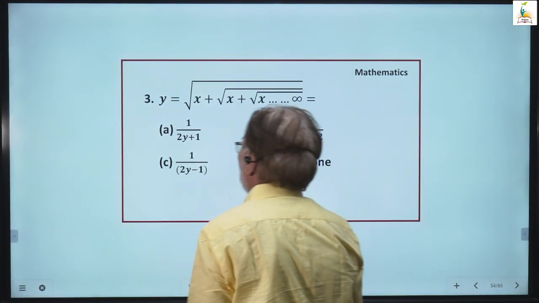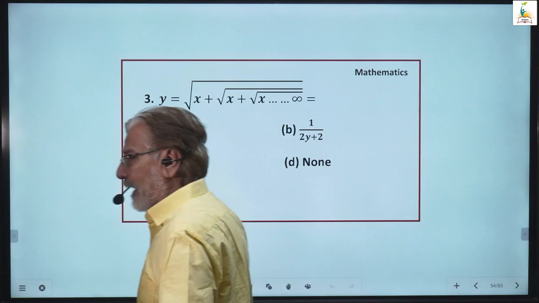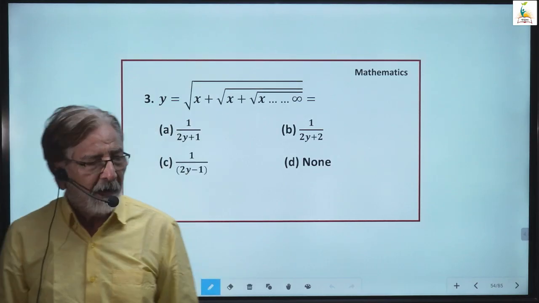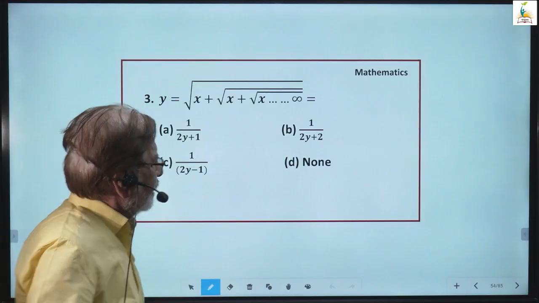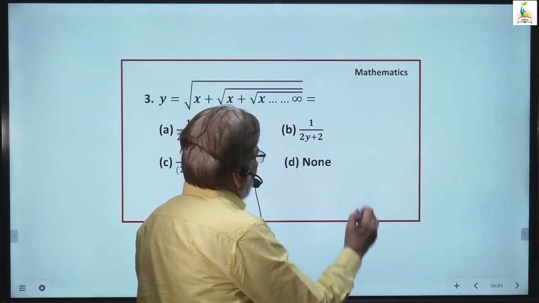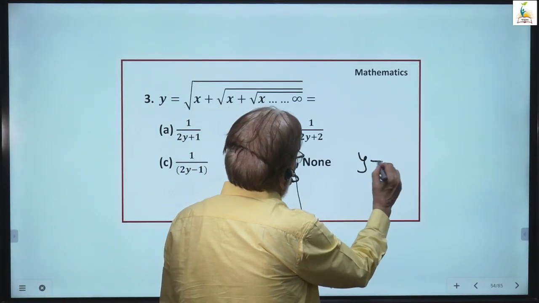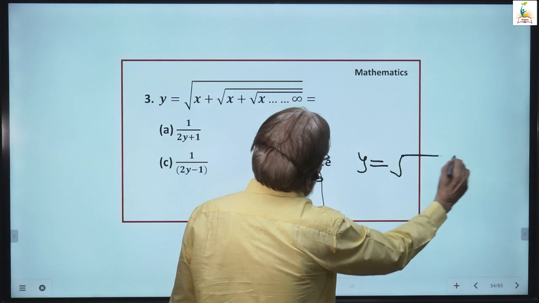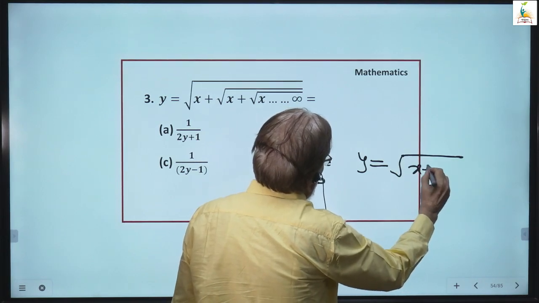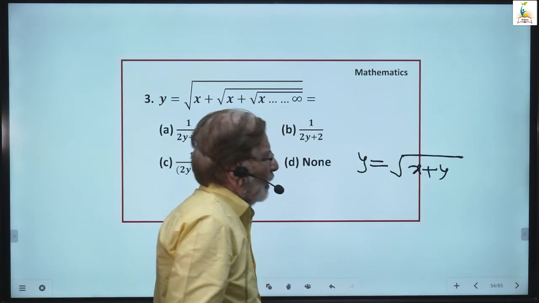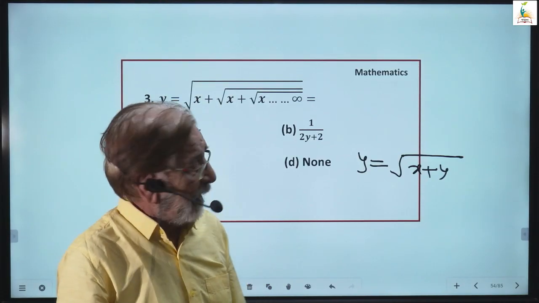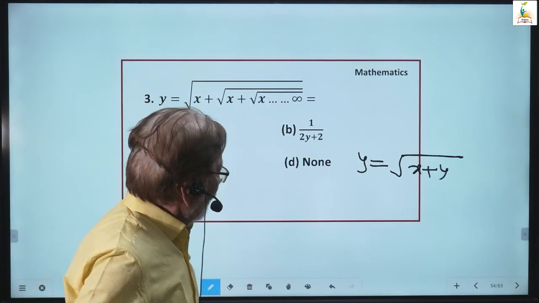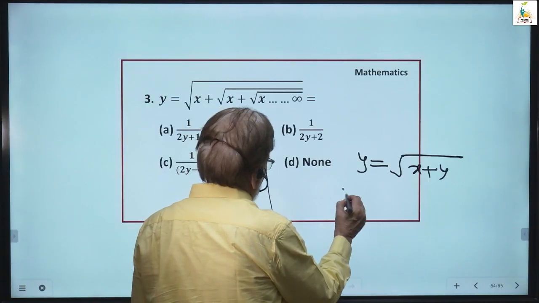find the result. Similarly, y equal to under root of x plus under root of x plus under root of x up to infinity is there. So this can be written as y equal to under root of x plus y. Now either you take log of both sides or you take the square of both sides. y square will be equal to x plus y.